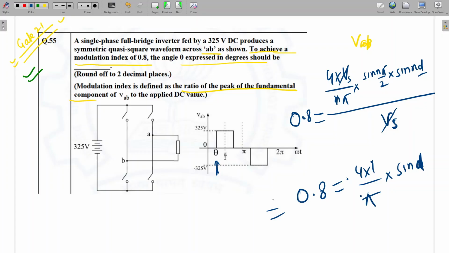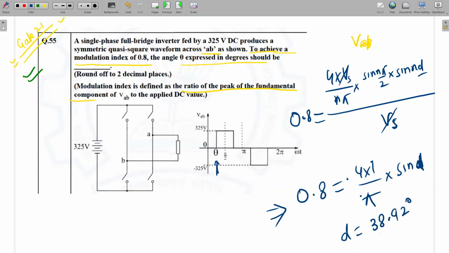What will be the d value from here? We'll calculate first. So d will be sine inverse of 0.8 into pi divided by 4. We are getting d as 38.92.